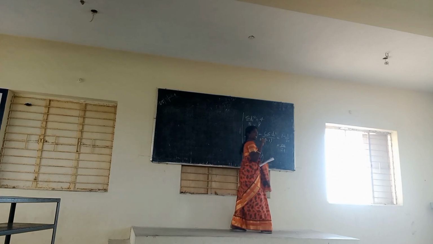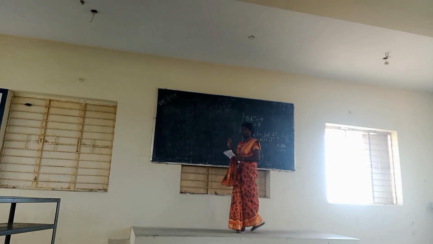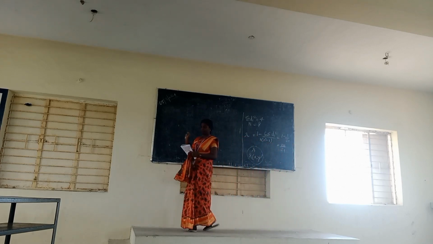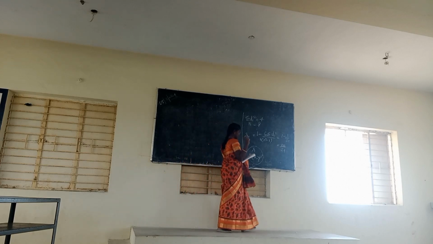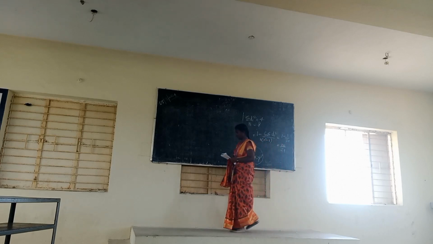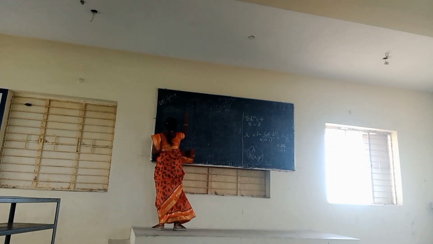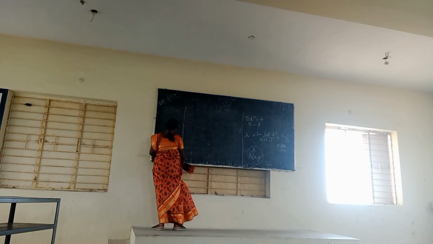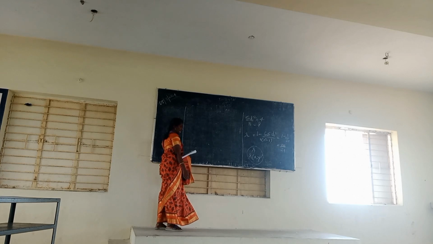Now y values: 62, 58, 68, 45, 81, 60, 60. Next, 68.